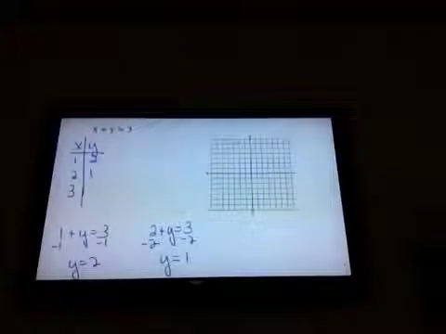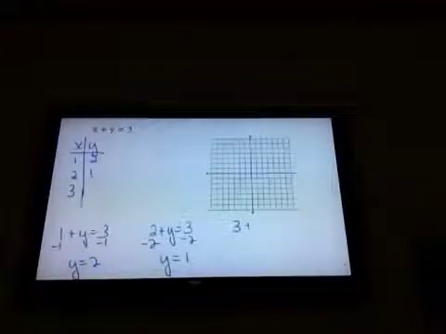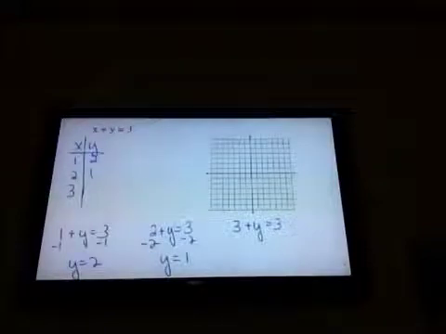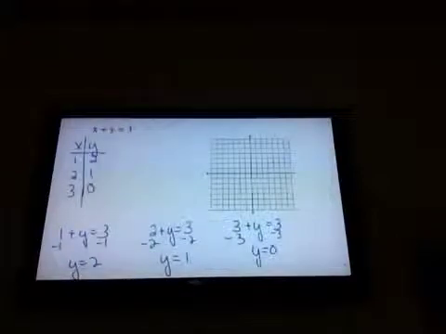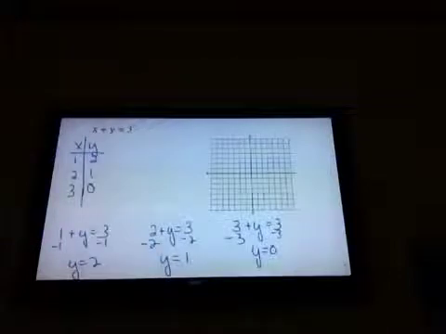And I plug in 3. So 3 plus y equals 3. Get the y alone by subtracting 3, and I get 0, but I got to have 3 numbers that aren't intercepts. That's an intercept because I got a 0. So I got to pick another one. So I'm just going to go with 4.